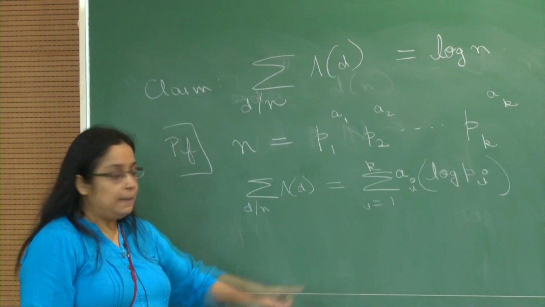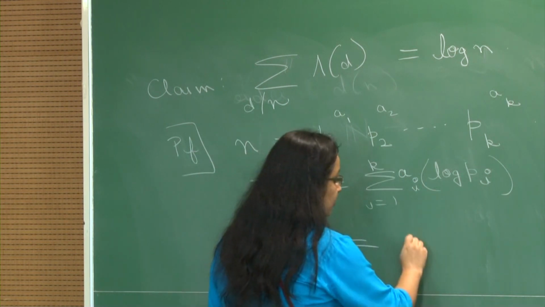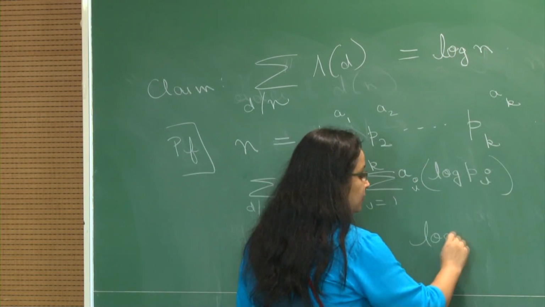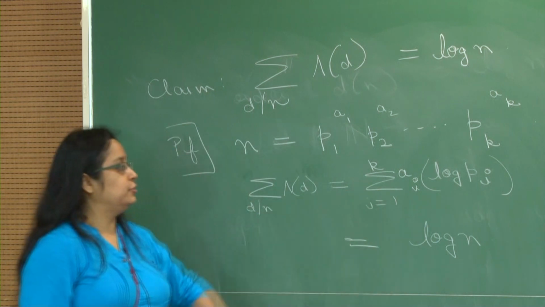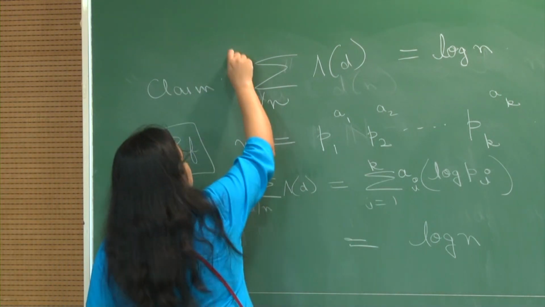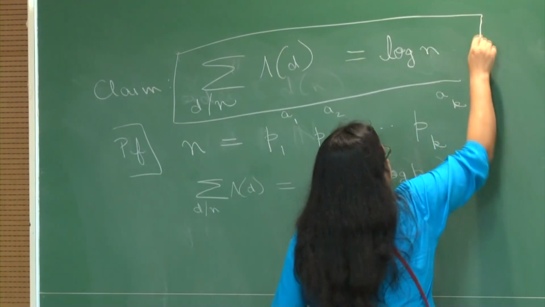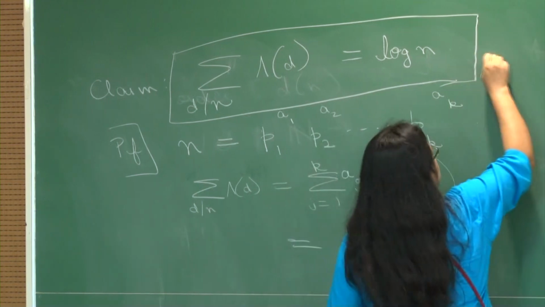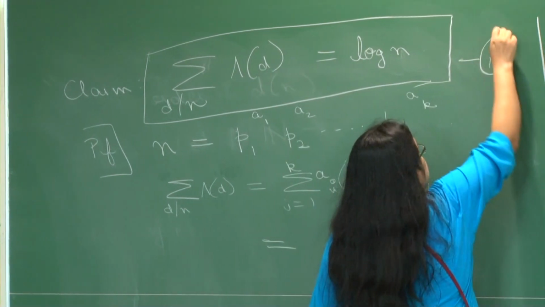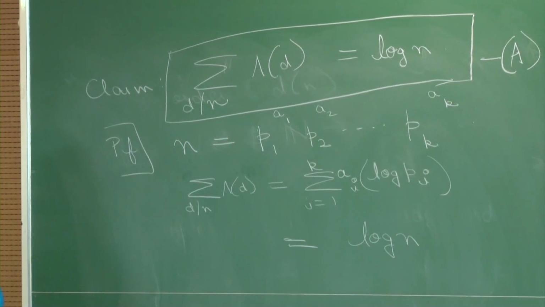But this you immediately see is just log of n, using properties of the logarithm. So this is a nice identity. Let us label this as equation A for the purposes of today's class.